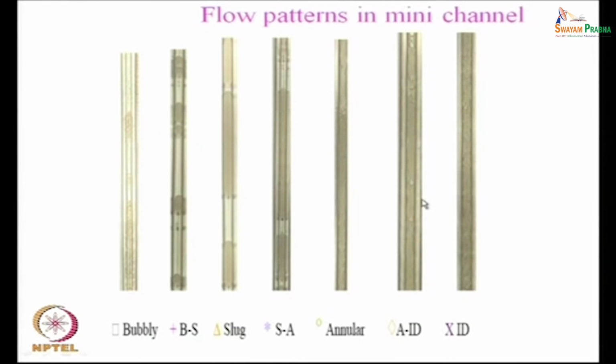If we keep on increasing the toluene velocity further, then in the entire tube toluene becomes the continuous phase and some amount of water droplets start to accumulate here.